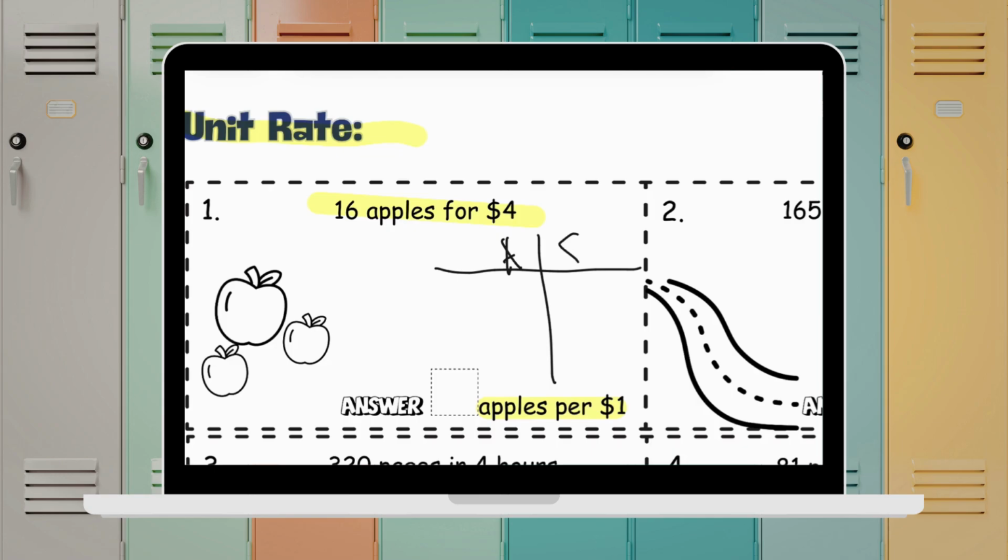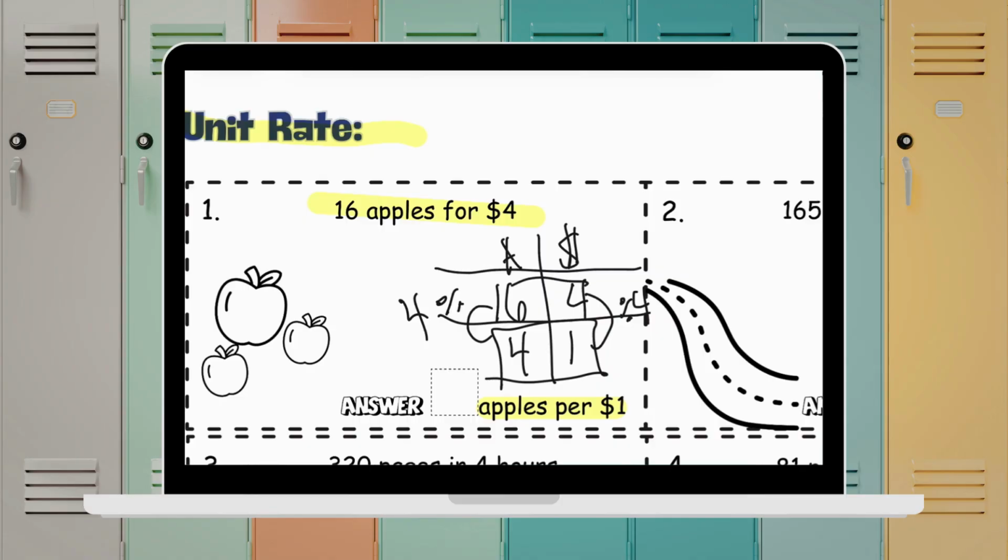We're comparing apples to dollars, and the first ratio we know is 16 to 4, but I want to know what the cost per one is. So to get from 4 to 1, I would divide by 4. In order to maintain equivalency, I would also need to divide 16 by 4, and 16 divided by 4 is 4. So my ratio from 16 to 4 is equivalent to 4 to 1, and my unit rate, since it's per $1, would be 4 apples for $1.